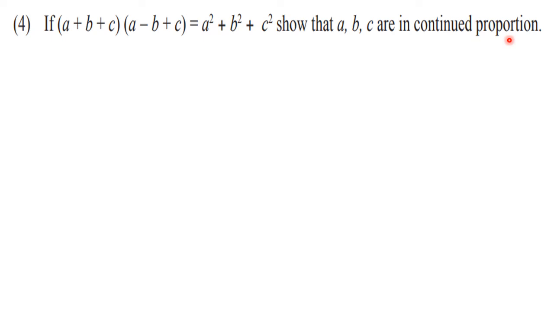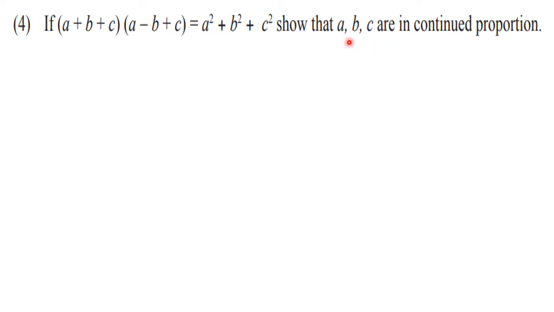Because when we studied continued proportion, I told you that a, b, c are in continued proportion, or b is mean proportional of a and c, or b square is equal to ac, or b is geometric mean of a and c. All these are equivalent statements. Their meaning is the same. They convey the same meaning. So here when we want to prove a, b, c are in continued proportion, we have to prove that b square is equal to ac.